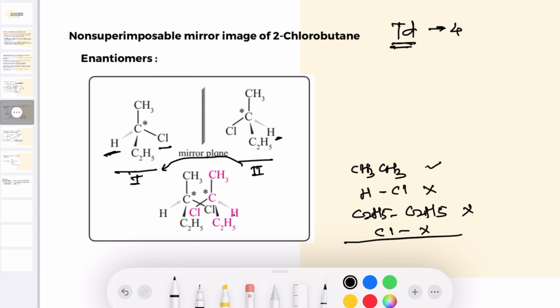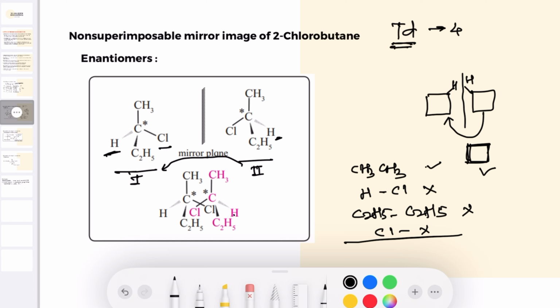What is meant by superimposable? Suppose this is a square molecule, then the mirror image of this is a square. If we put the square on the square, they exactly match each other. Such images are called superimposable. And if we place this molecule here, with H there, then what happens?